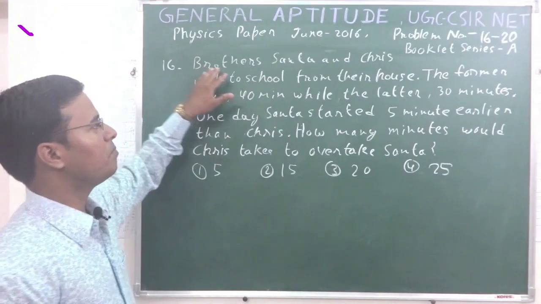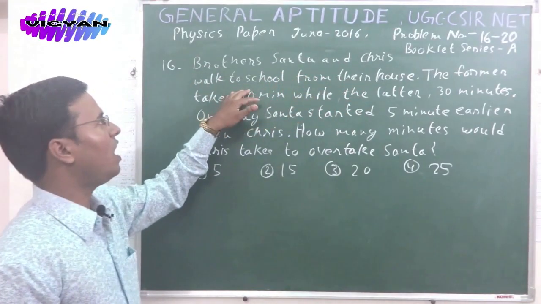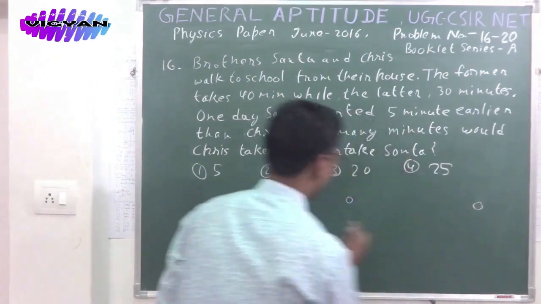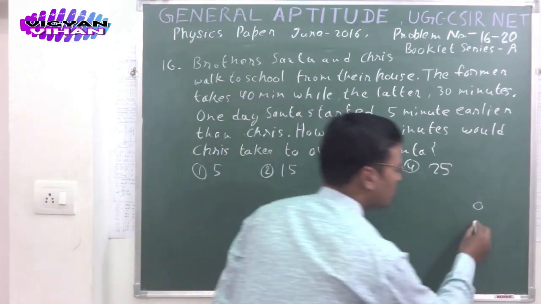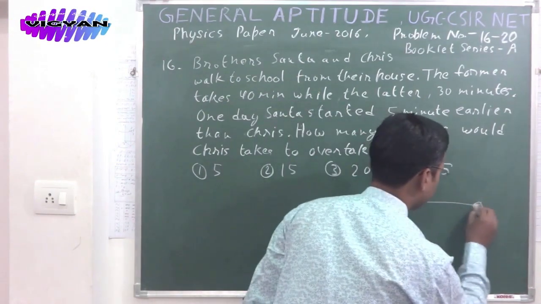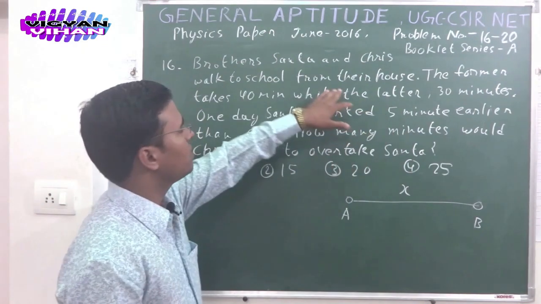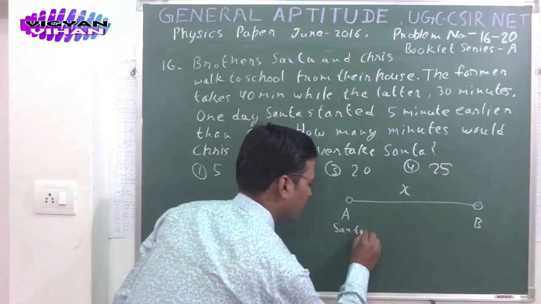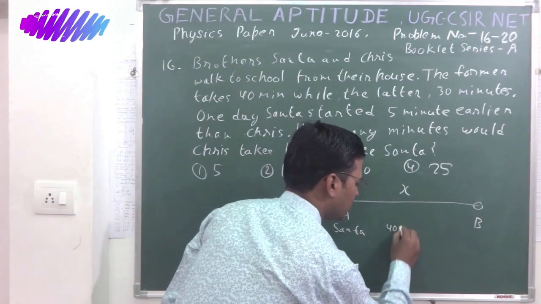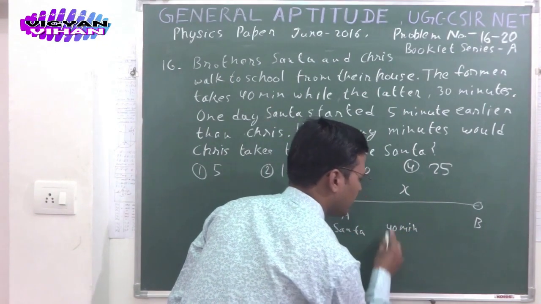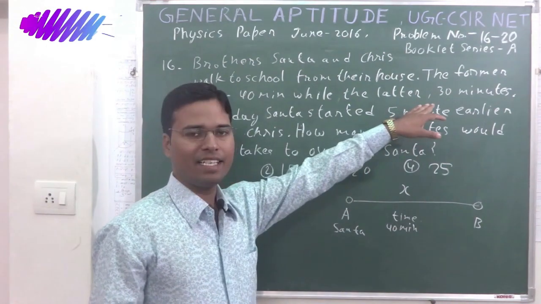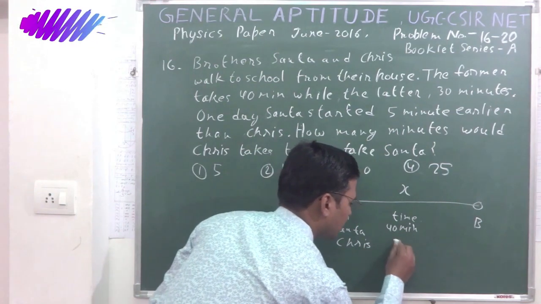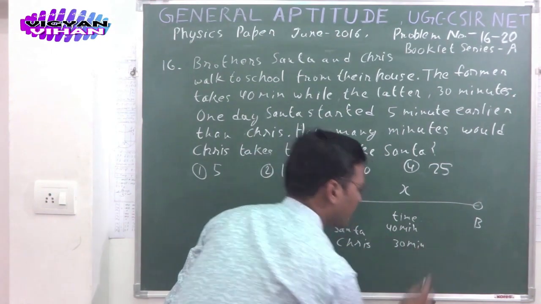In this problem, brothers Santa and Chris walk to school. Let us assume from home to school the distance is x. The former takes 40 minutes, that means Santa takes 40 minutes. The latter takes 30 minutes, that means Chris takes 30 minutes.